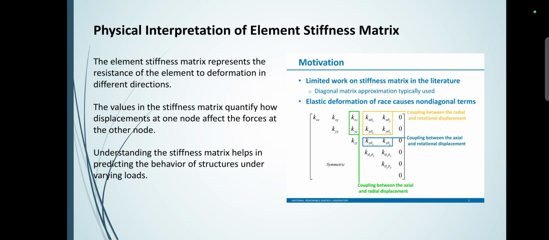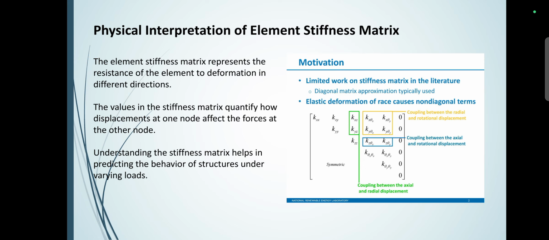The values in a stiffness matrix quantify how the displacement at one node affects the force at another node. Understanding the stiffness matrix helps in predicting the behavior of structures under varying loads.